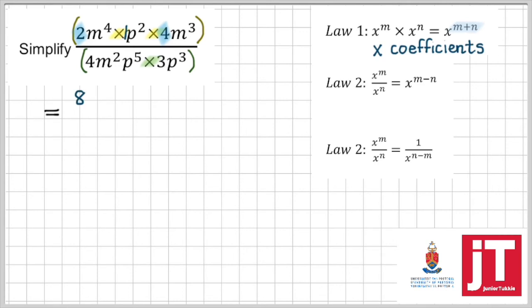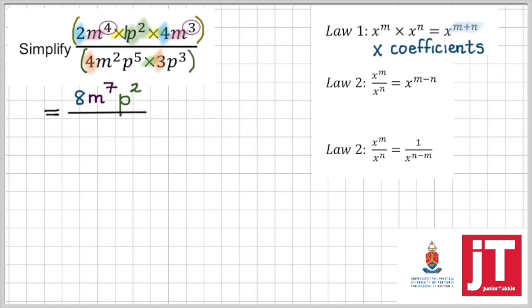We look for like bases, starting off with m. We have m to the power of 4 and m to the power of 3. So we add these exponents and obtain 7. We also have a p in the numerator, but that is only one term, so it stays p to the power of 2. We can now go ahead and simplify the denominator as far as possible.